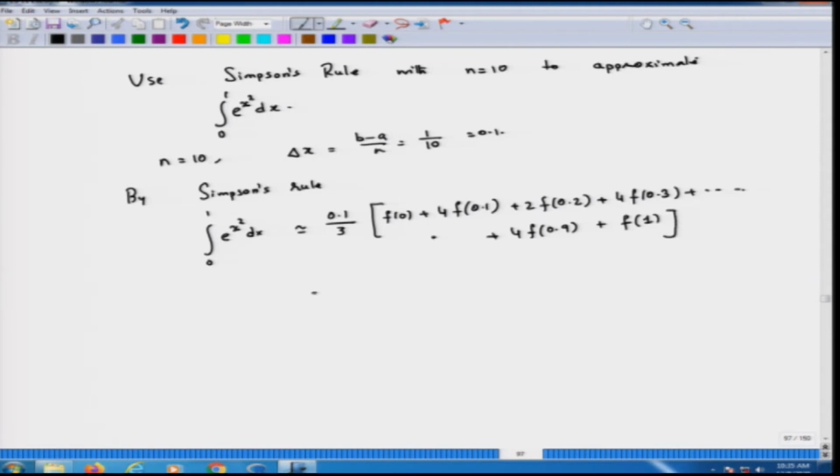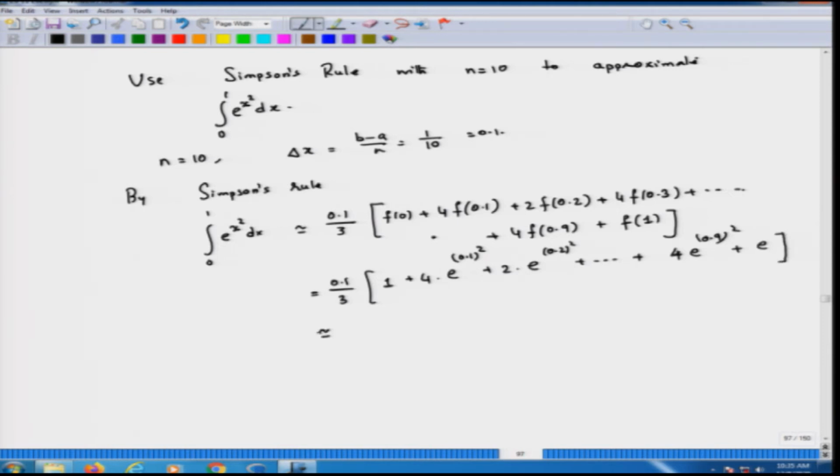Now, if you plug in the values, what is your f? e to the power x square. So, the first one is 1, and then the second one is 4 into e to the power 0.1 square, plus 2 into e to the power 0.2 square, go on like this, plus 4 into e to the power 0.9 square plus e.